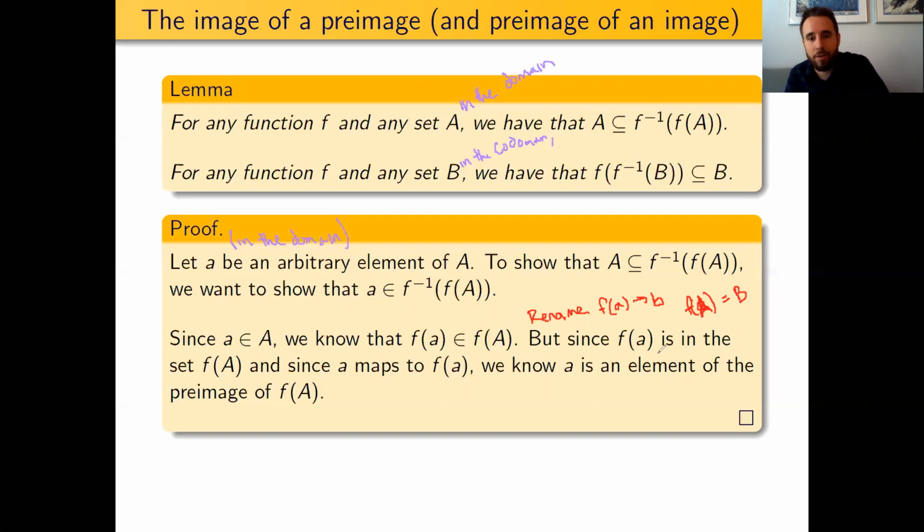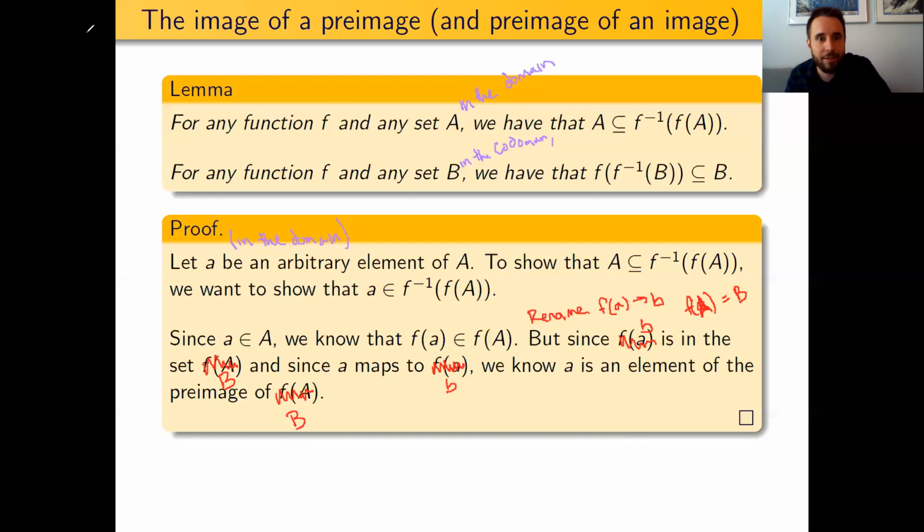All right. So since little b is in the set big B, and since a maps to b, we know that a is an element of the pre-image of B. Let's think through that statement, right?